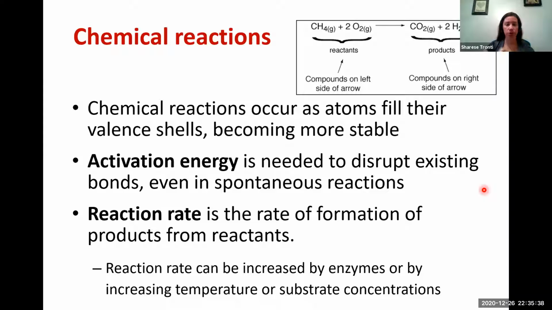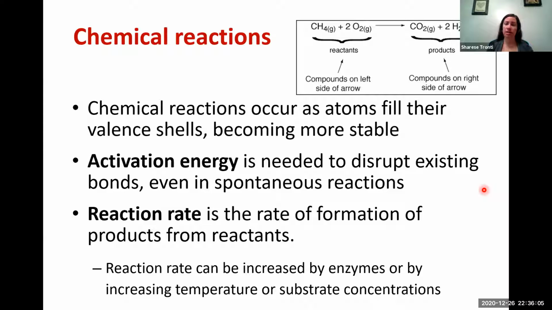A couple of terms. In order for a reaction to occur, there's a certain amount of energy that is required to cause that reaction to occur, and we call that activation energy. A reaction rate is the rate at which these reactions are occurring, or the rate at which products are formed.